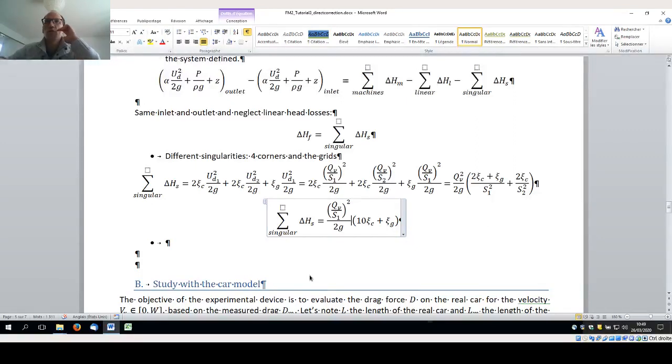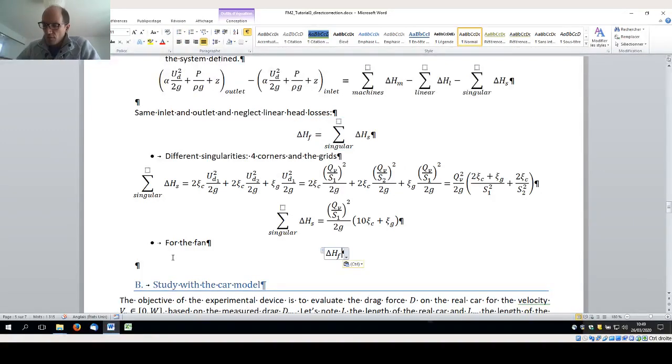Okay, so once we have simplified, what remains to do is to evaluate the head of the fan. For the fan, you should also remember that the head of the fan is related to the power of the fan.